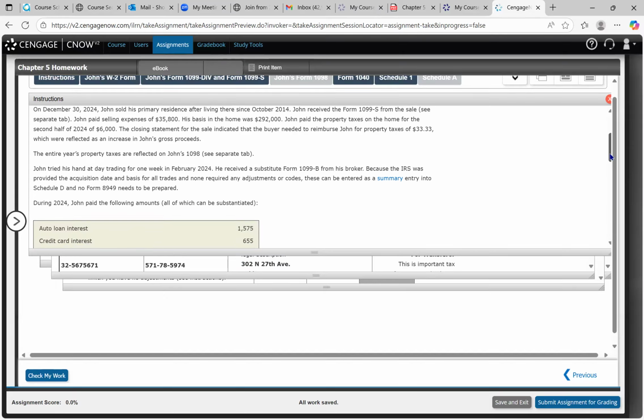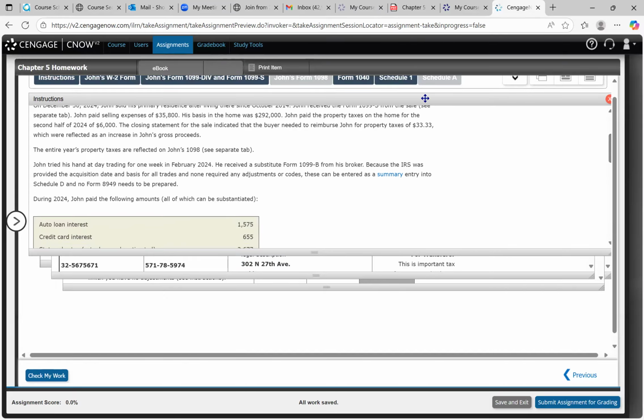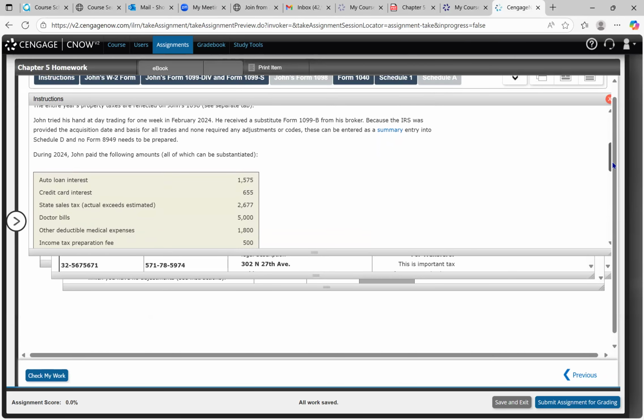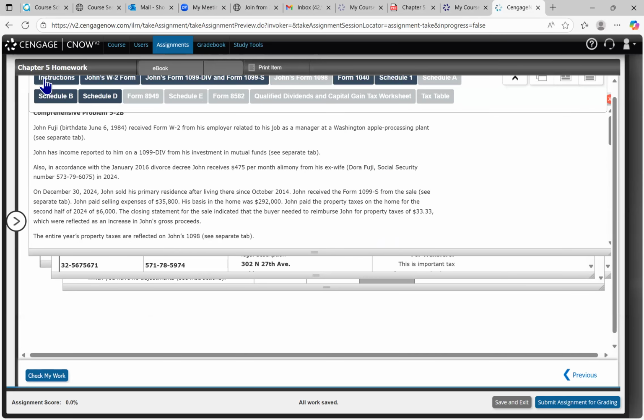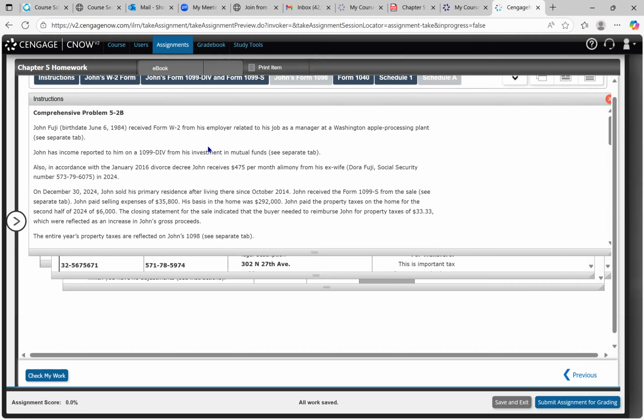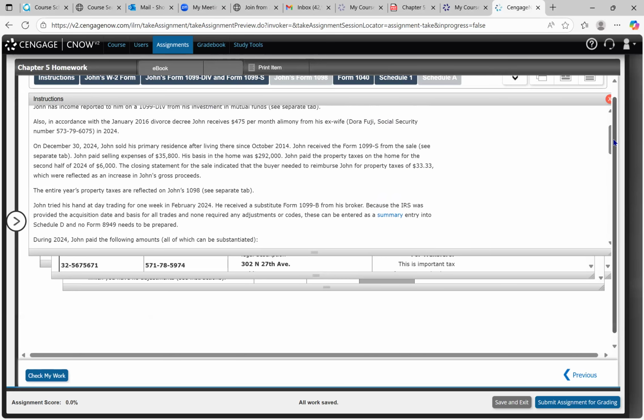So basically, that $33 will be reduced by his property taxes on his itemized deductions. So as we move on here, let's see, instructions. The entire year's property taxes would show in a separate.